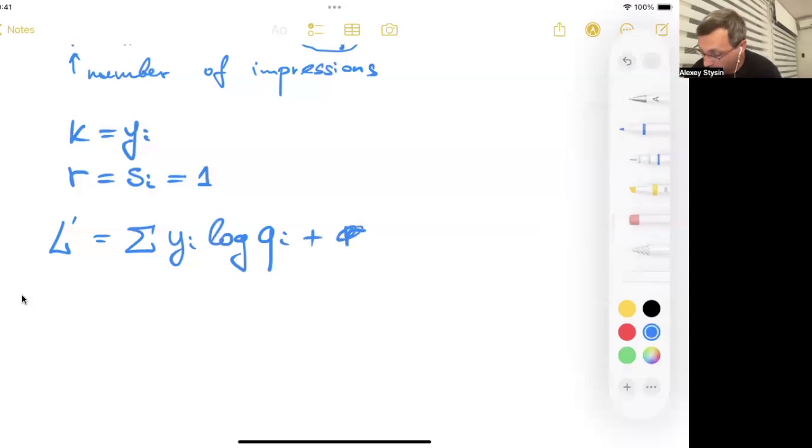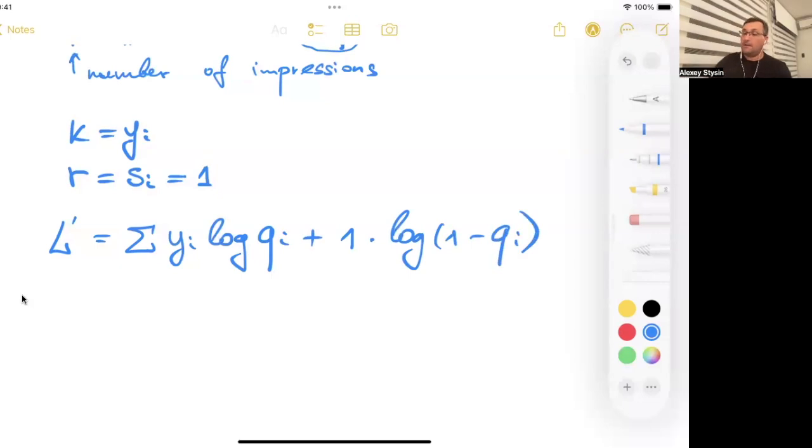So for a second, it's going to be just 1 times log 1 minus qi. And by setting qi equal to p prime, we get the loss function that we got by the trick.